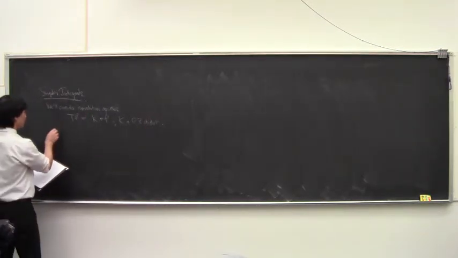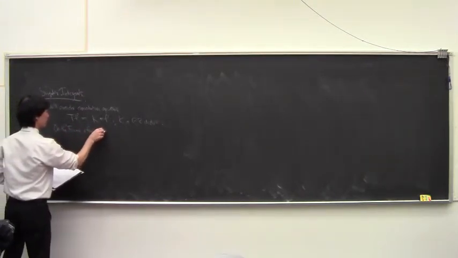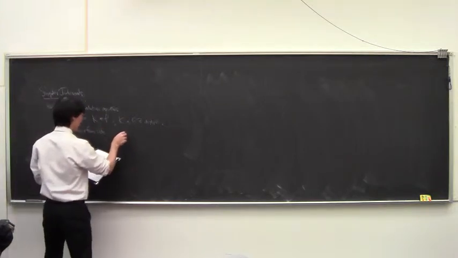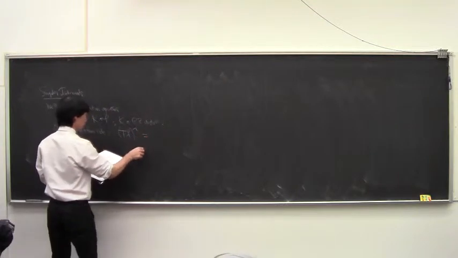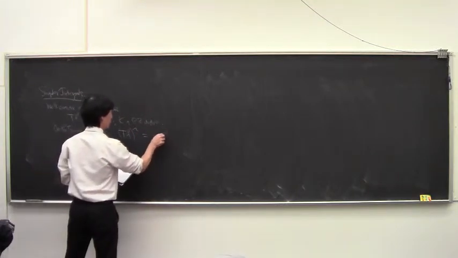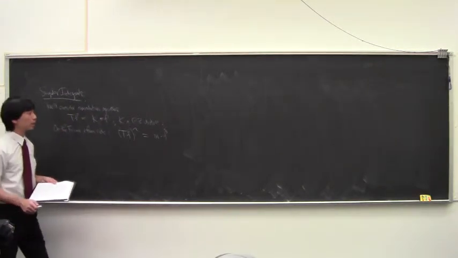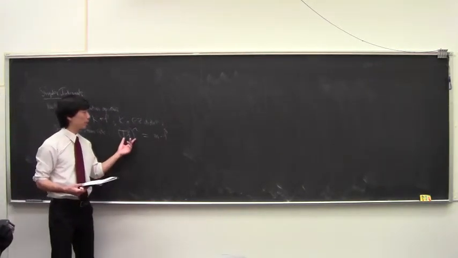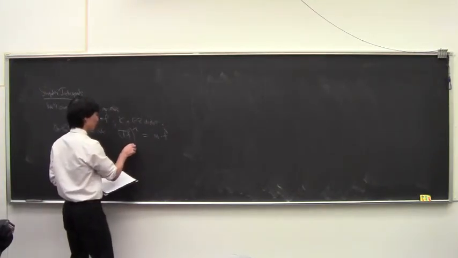And on the Fourier transform side, you'll have something like this: the Fourier transform of Tf equals K hat times f hat. So these operators are what are called multiplier operators.